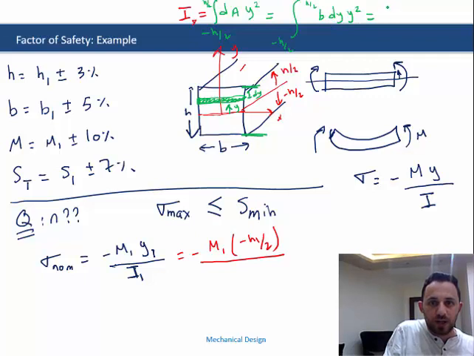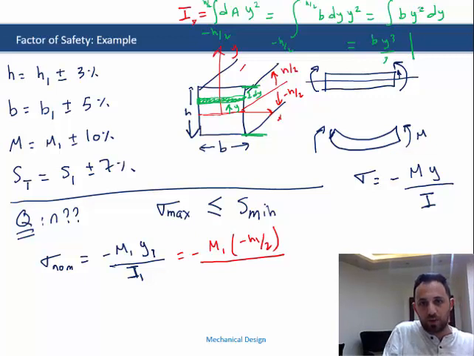So we will rearrange this: the integral of b y squared dy is equal to b y cube over 3, since the integral of y squared is y cubed, we add 1 to the power and divide by the total, which is 3, evaluated from minus h over 2 to h over 2.